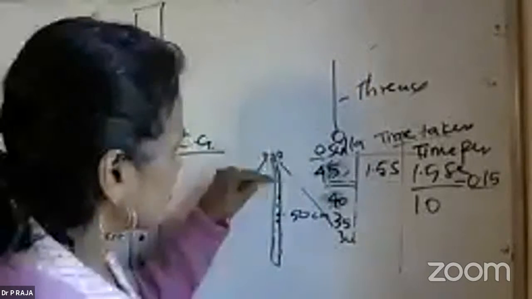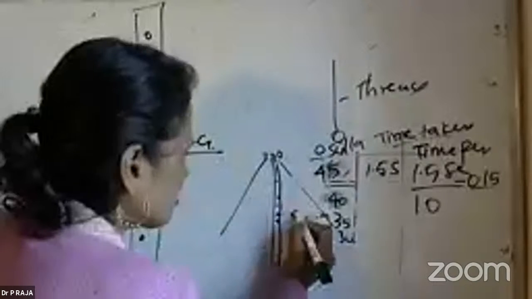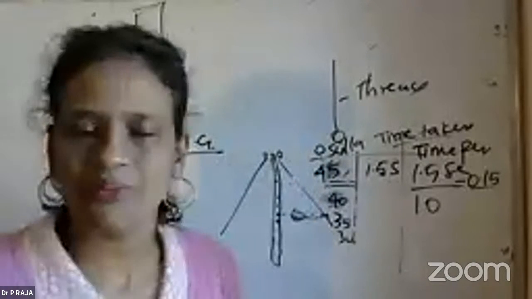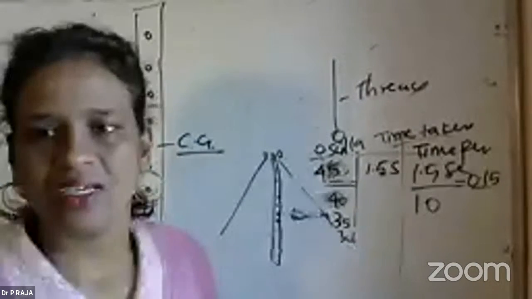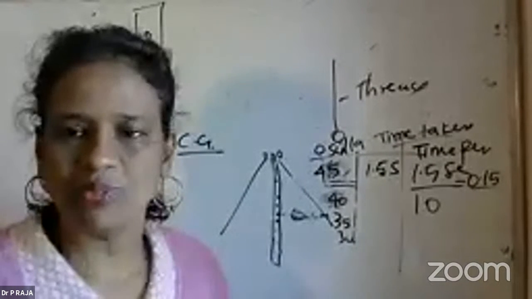Some will take as 5, 10, 15, 20, some will take this as 0 and go from 45. In the video it is more clear. The distance, the time taken, and then the time period. This will be your experiment.